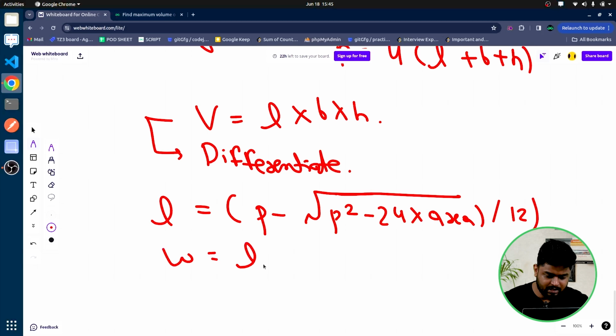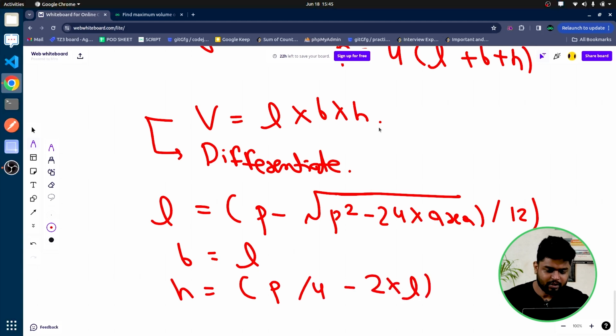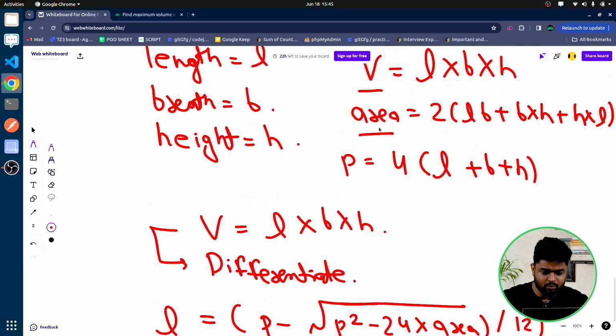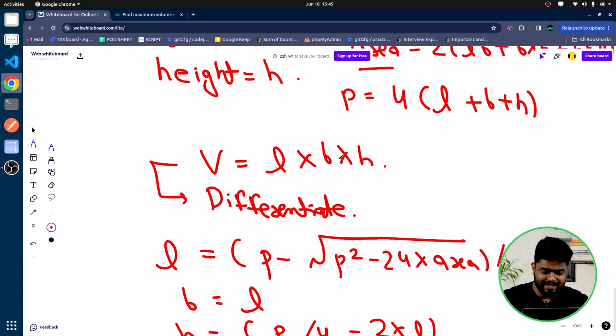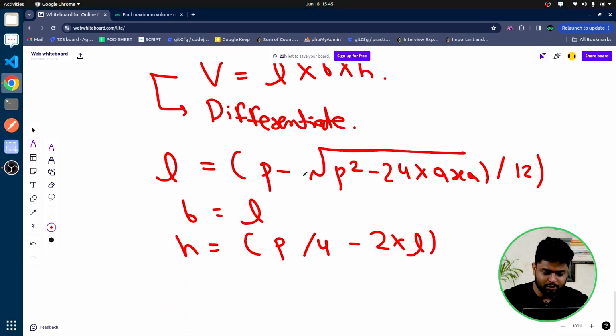Then the breadth will also be L, and the height would be perimeter divided by 4 minus 2 times L. So when you substitute all these values and find the L value, breadth value and H value, you will get this.